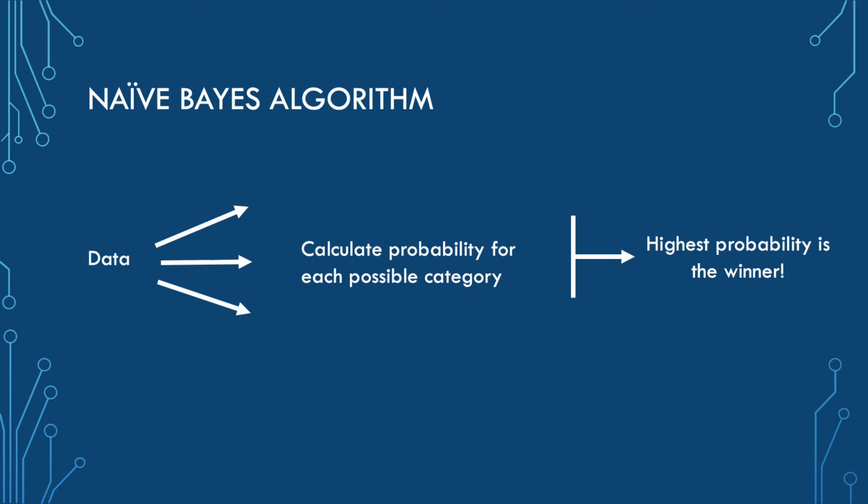This data can be described by features which can be expressed as probabilities. Because we say these features are all independent, we multiply these probabilities together to get a net probability that this data belongs to any individual group or category. We then compare these probabilities and say whichever group has the highest probability is the one that our new piece of data belongs in.